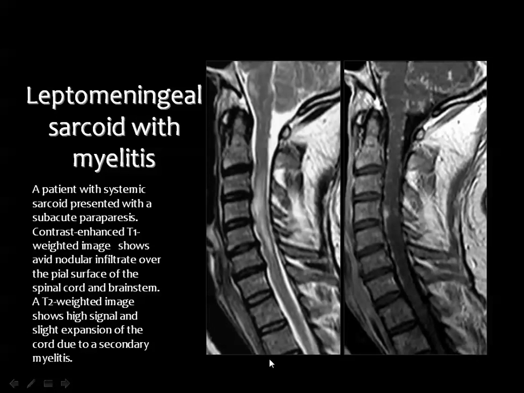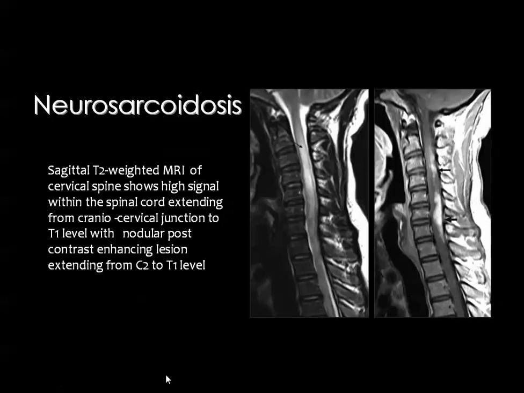But in absence of a known malignancy, this will include a differential diagnosis of sarcoid, leptomeningeal metastasis, and you remember also some cases of acute demyelinating encephalomyelitis.